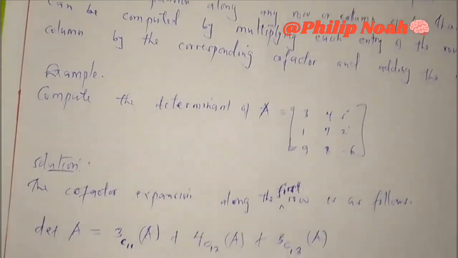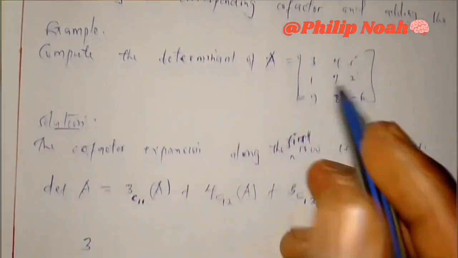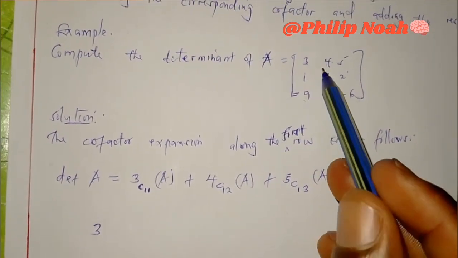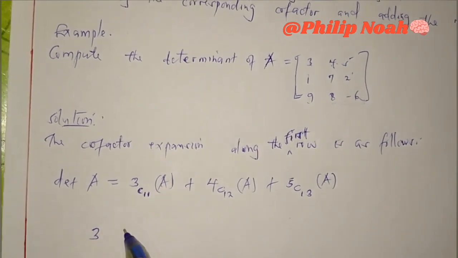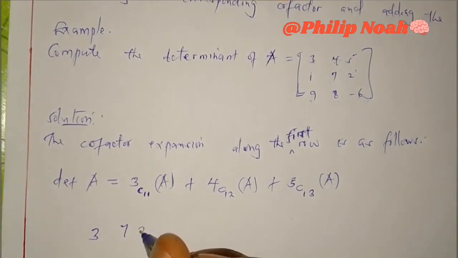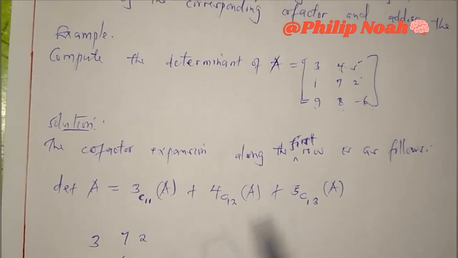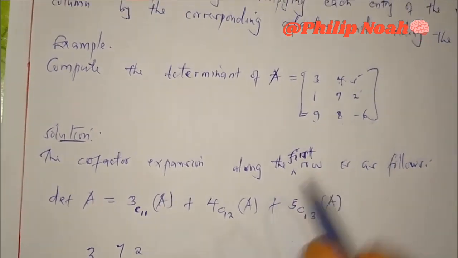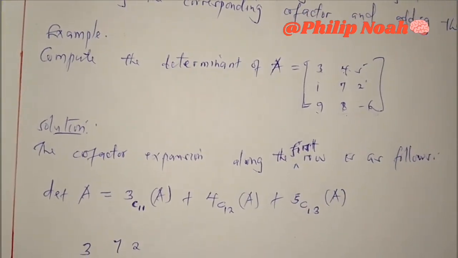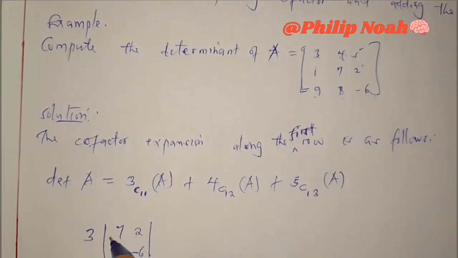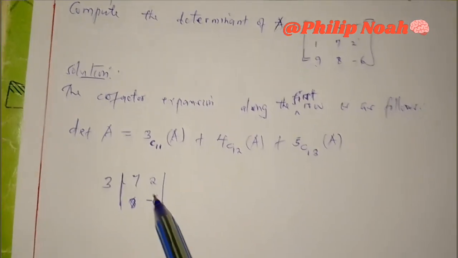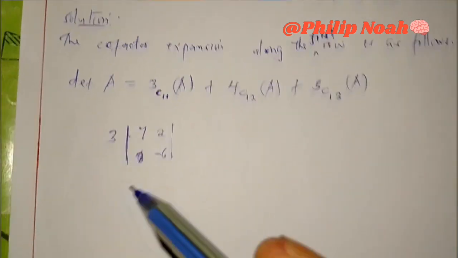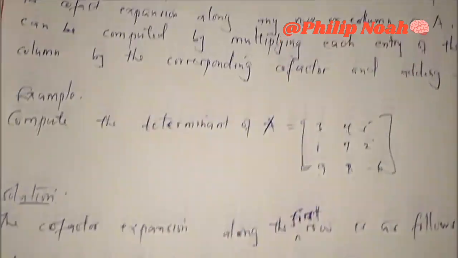We take this 3 and multiply by this one: 7, 2, 8, negative 6. You can see it's like we have just converted this one into a 2 by 2 matrix.